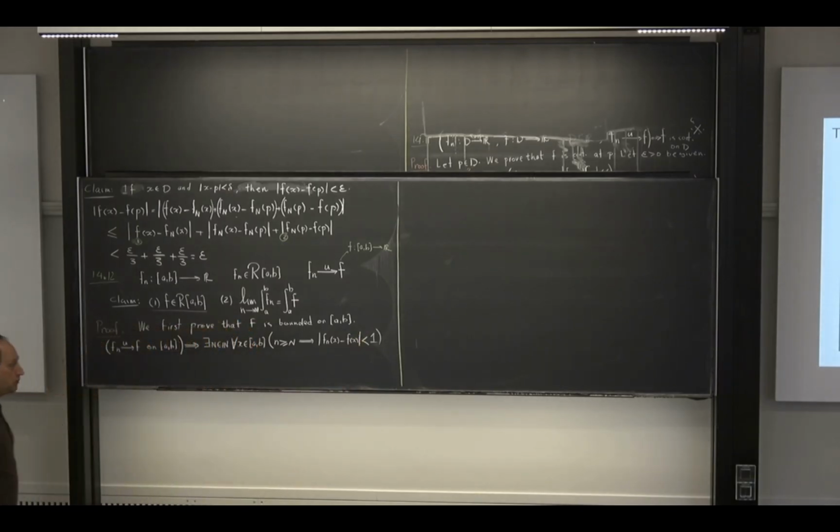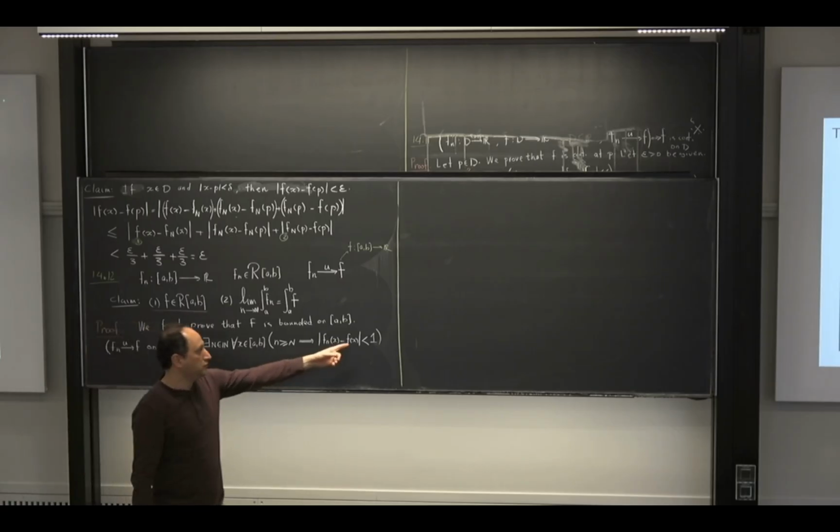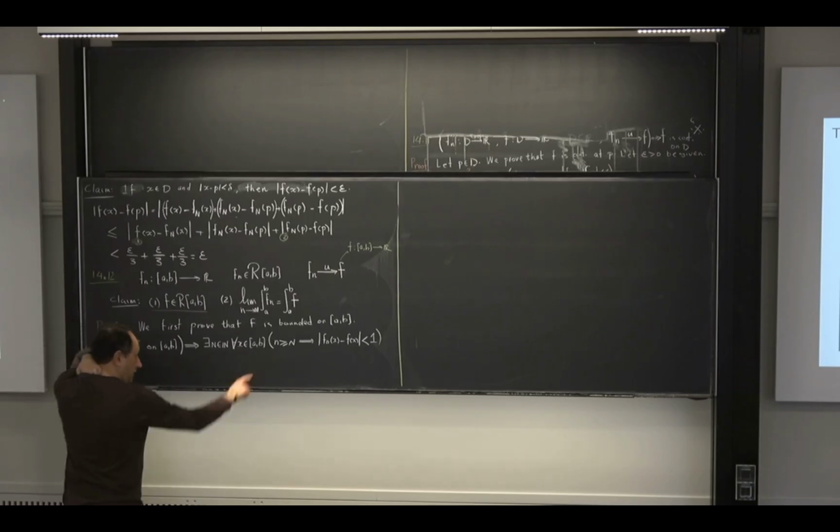Do you agree? So I am choosing epsilon to be 1. You are telling me that this converges to f uniformly. It means for every epsilon I can find a natural number with that property, and I have chosen epsilon to be 1. Okay? So it means that this is valid.